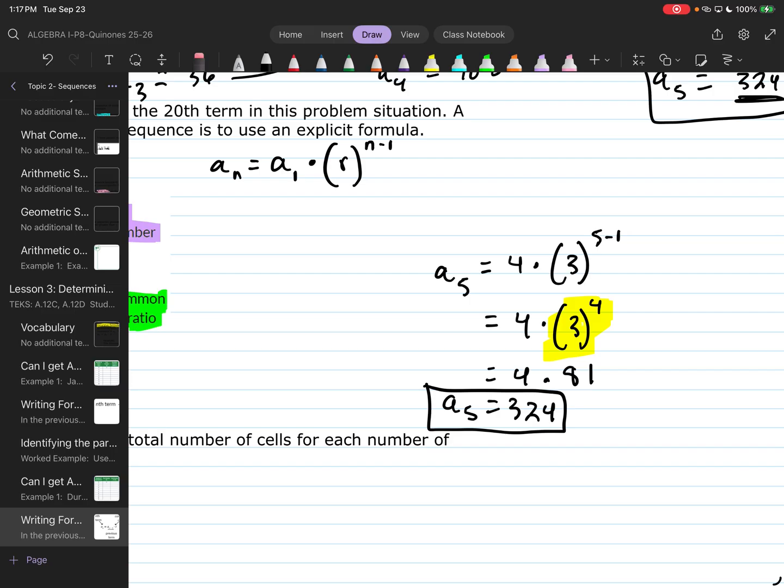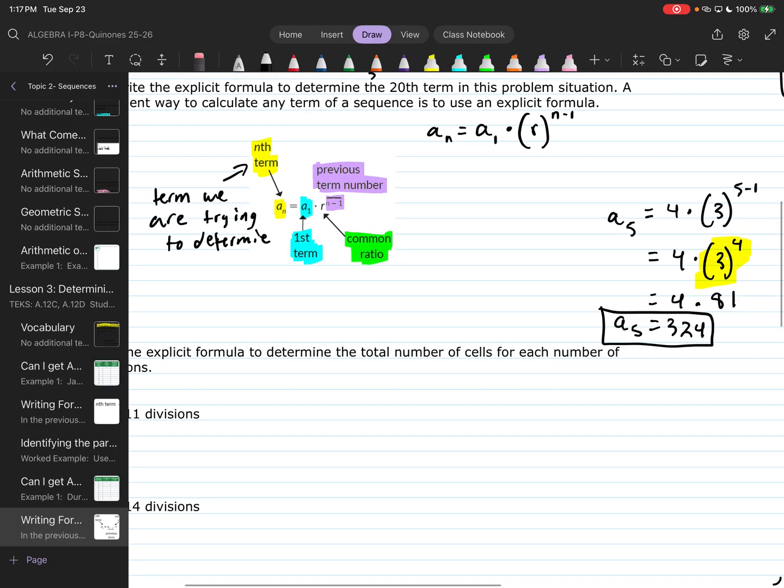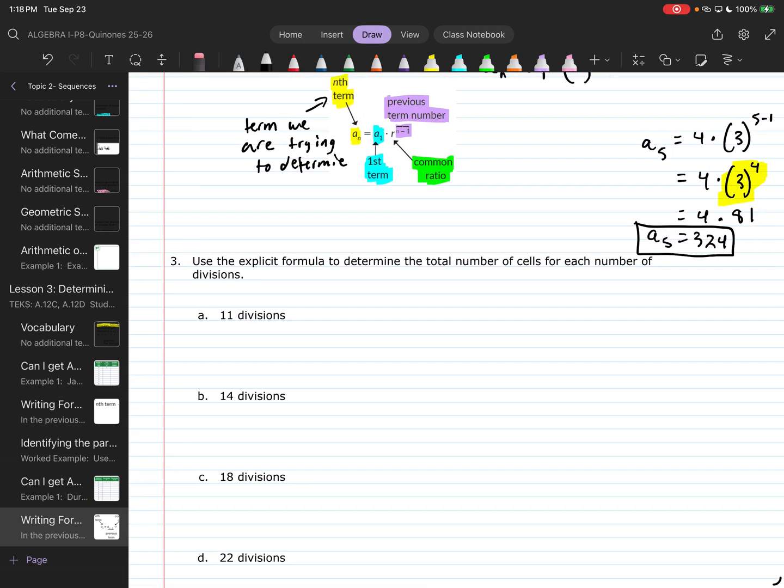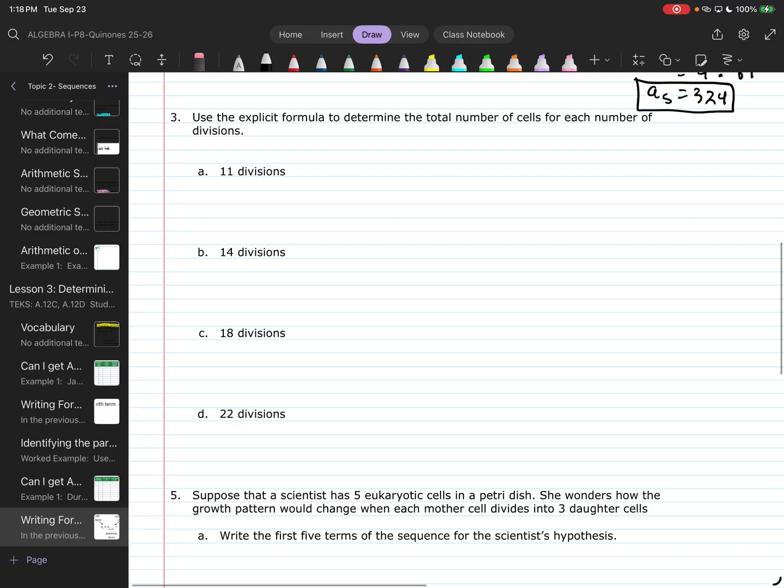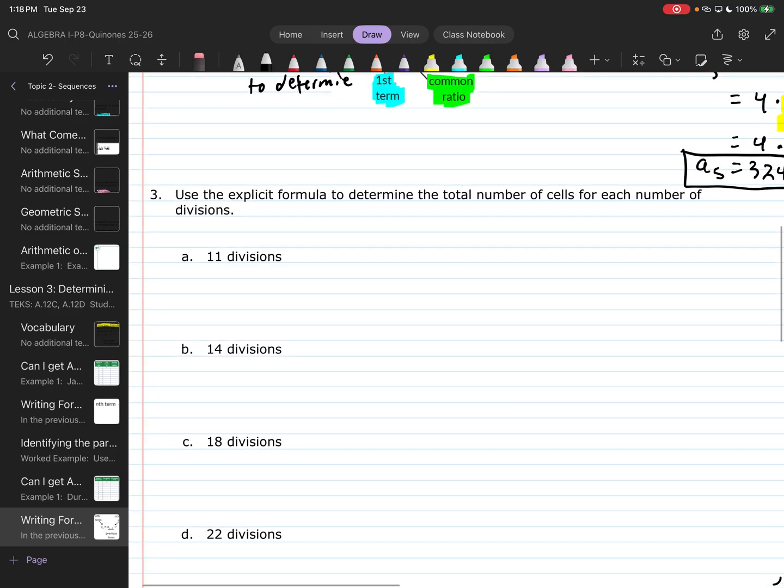Good? I do want us to get a little bit of practice referencing back the sequence using the cell division, right? We talked about the cell division. For the next couple of examples, I want you to write how many cells we will have if there is 11 divisions, 14, 18, and 22.